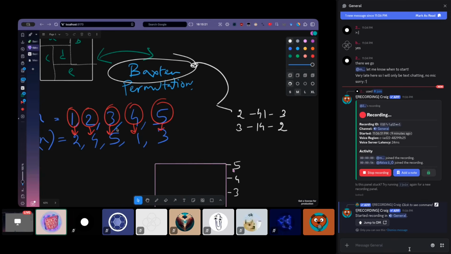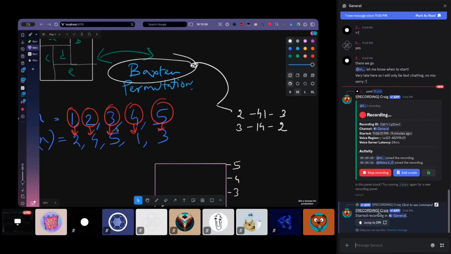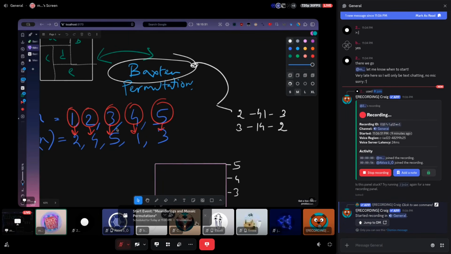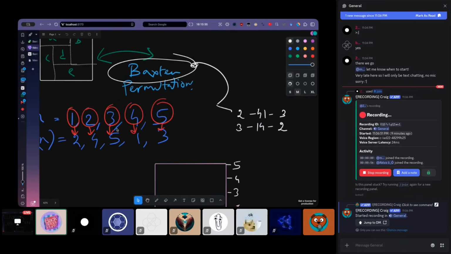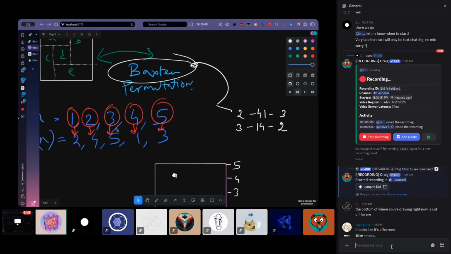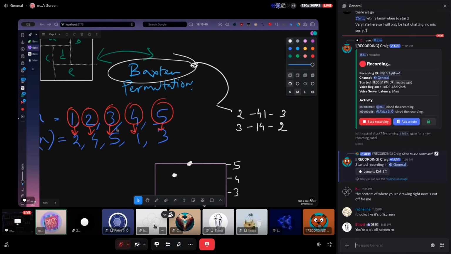So we saw that 1 goes to 2, so we put a dot at 1 going to 2. 2 goes to 4, so we put a dot here. 3 goes to 5, we put a dot here. 4 goes to 1, so we put a dot here.